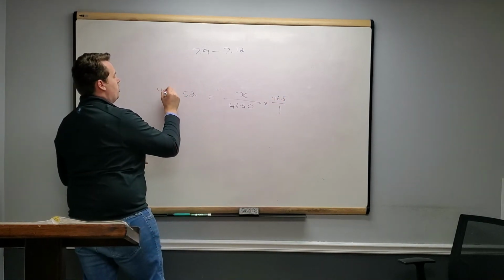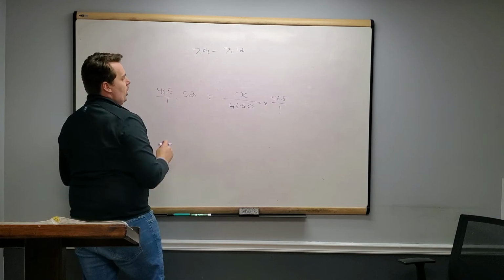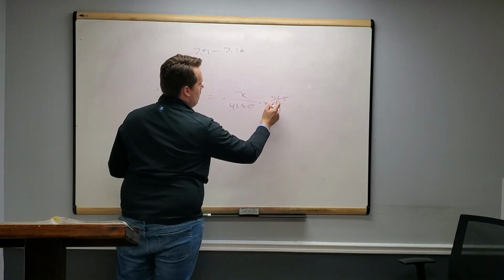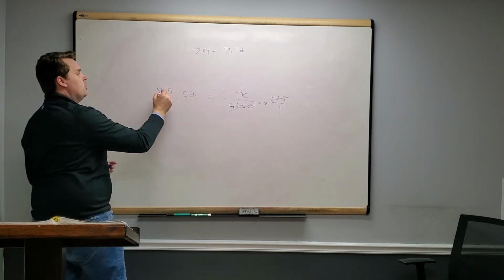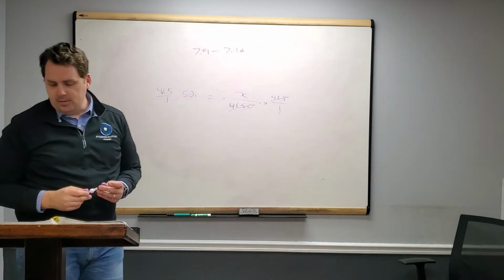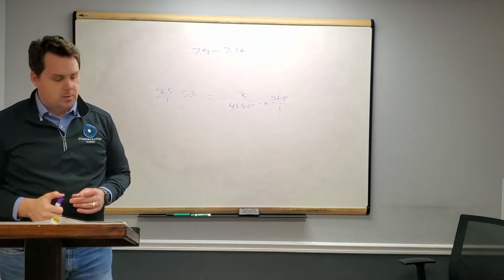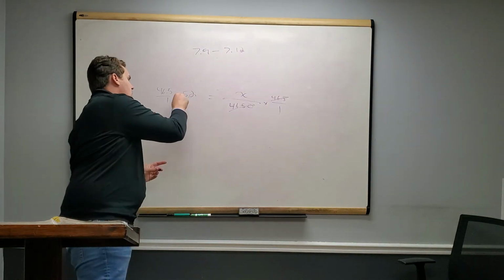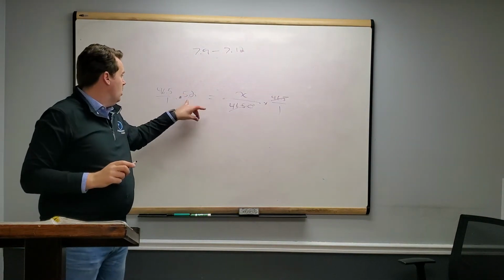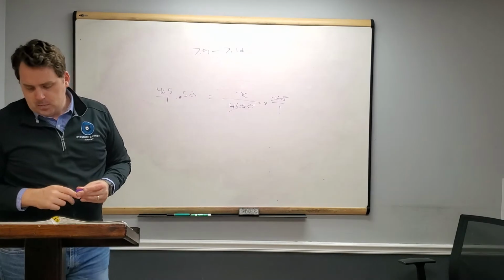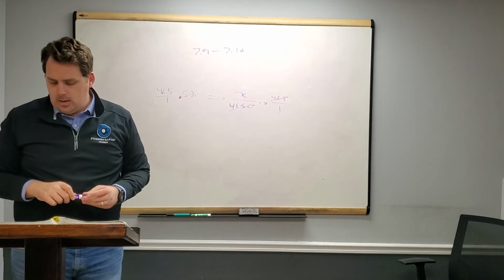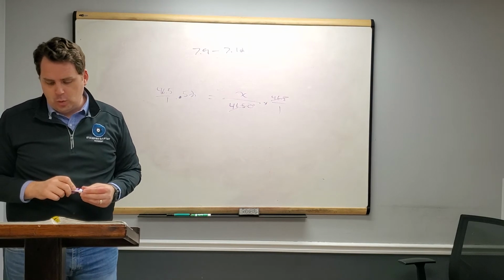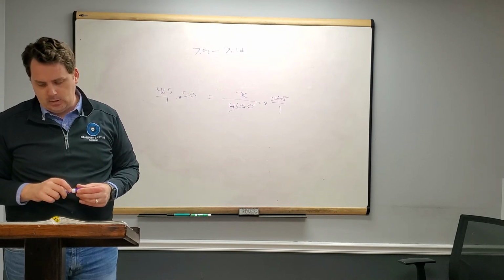Okay, these would cross cancel. x over 1 doesn't change the value of it, so 0.52 times 46.5. That's a 0.52 by the way, it's kind of hard to see, because 52% in decimal form is 0.52. And so your gross profit is $24.18, okay?